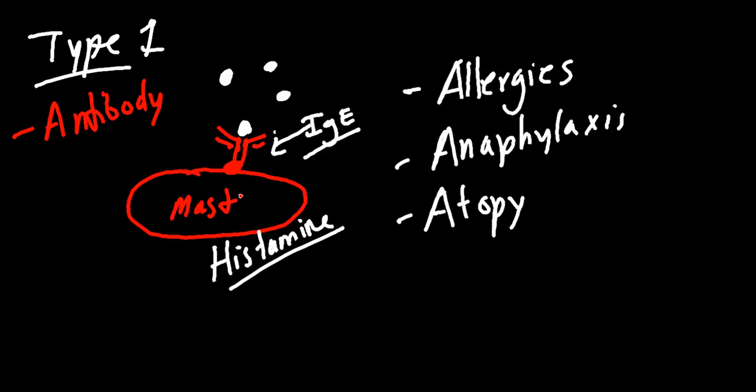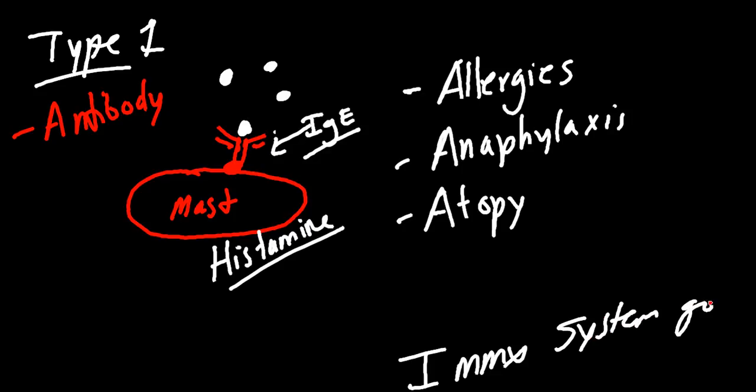So the buzzwords for this, we've got allergies, we've got anaphylaxis, and we've got atopy. We've got immune system gone wild. We can use this for all of them. Immune system gone wild. It's kind of like the science version of those movies, just the immune system gone wild.